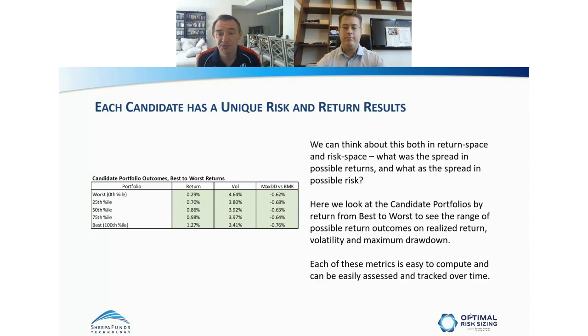In this particular case, the interesting thing is that the drawdowns are broadly the same. But there's a clear reduction in volatility as you go from your worst portfolio to your best portfolio. So if you'd made the worst portfolio, not only would you have had a lower return, you'd have had a higher benchmark vol, a higher tracking error in benchmark speak.